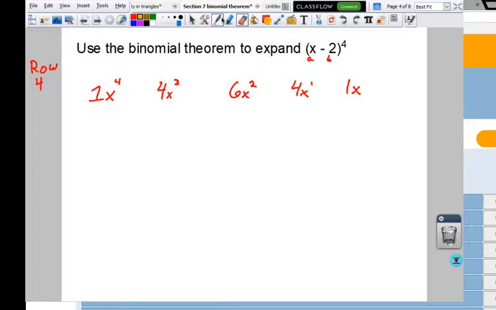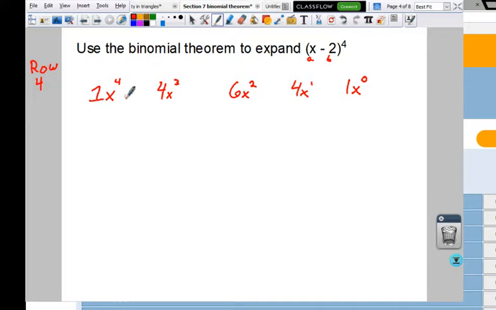Binomial theorem also says we take our b, which in this case is negative 2, start at 0 and count up.